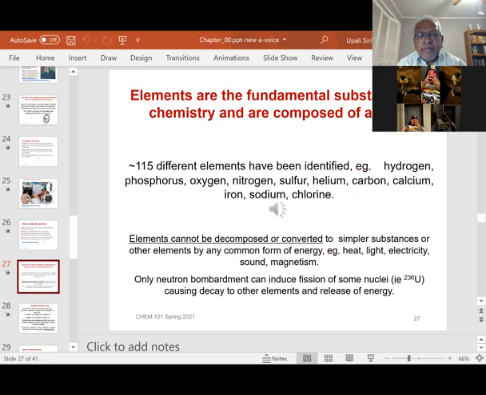There are 115 different elements based on the identity of the atom: hydrogen, phosphorus, oxygen, etc. Elements cannot be converted into other substances, because elements are the simplest pure substances that are on Earth.